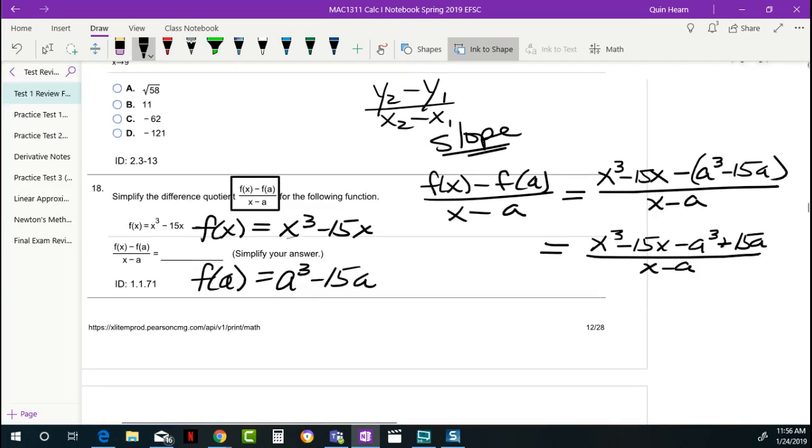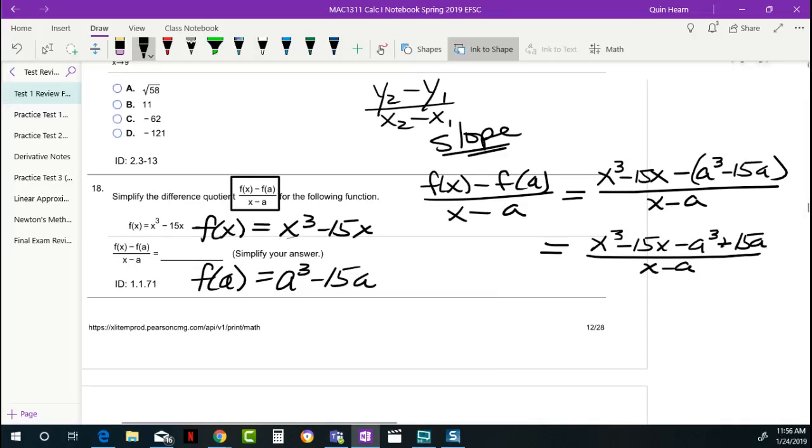Now, really the only way that this is going to simplify is if x minus a somehow divides evenly into it. So what I'm thinking is you could either use long division. If you're going to use long division, you're probably going to want to change the order of the numerator so it starts with x cubed and ends with a cubed.